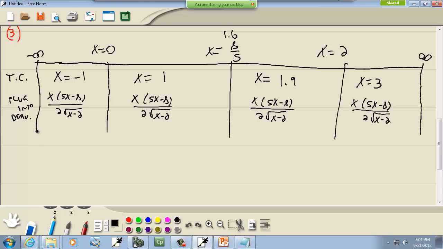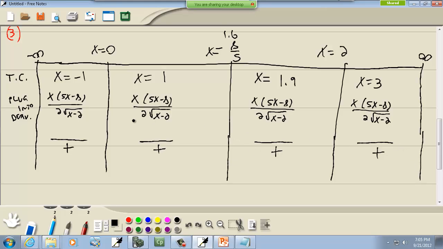Now there's some parts that save you some time here. Square root of x minus 2. That'll never give you a negative number. So 2 times a positive number is still positive. So I don't need to worry about the bottom parts on these at all. Now if you don't see that, go ahead and plug it in. It's a little extra work, but if you see it, fantastic. That'll save you a lot of work.